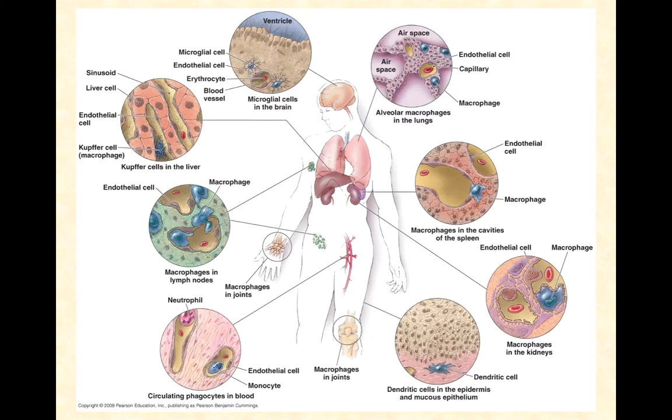Now, I mentioned that macrophages can be wandering, which is primarily in the bloodstream, or they can be fixed in place. Okay, so in the bottom left, let's look at some of the places you can find macrophages. Bottom left, you've got monocytes, that's the precursor to a macrophage before it gets activated, circulating in the blood.